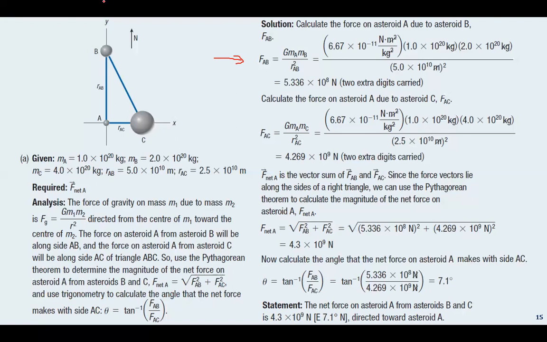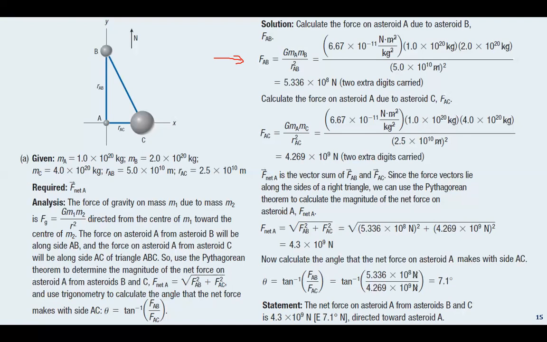As this figure indicates, the net force on asteroid B due to asteroid C acts along BC. So we calculate the angle that this force makes with side AB. We have theta equals arctangent RAC over RAB, which is approximately 27 degrees.